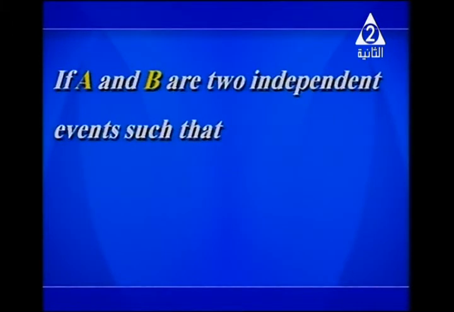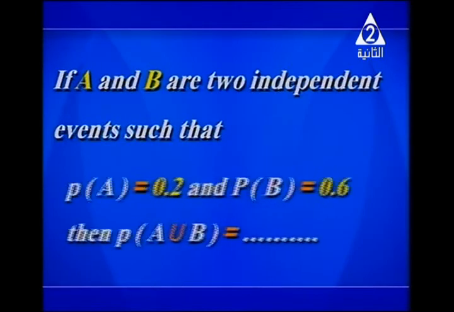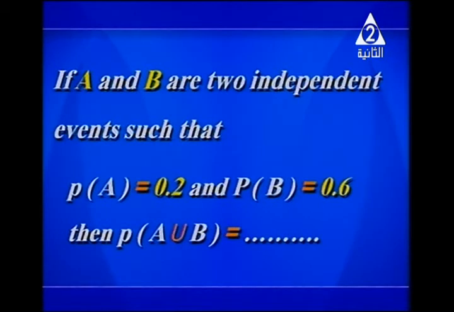Number 3. If A and B are two independent events such that the probability of A is 0.2 and the probability of B is 0.6, then what is the probability of the union of the two events A and B?